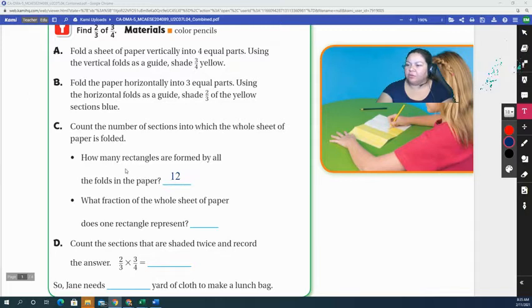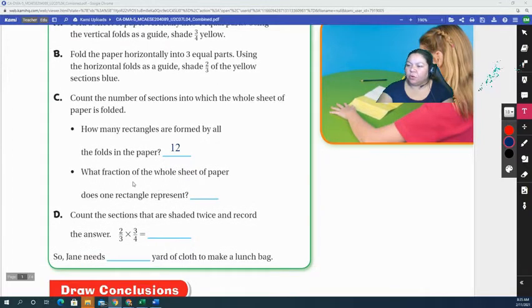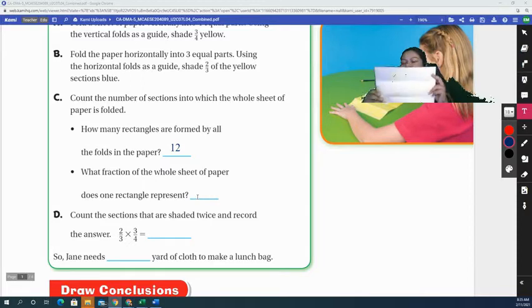How many rectangles are formed by all the folds in the paper? That's 12. Now, what fraction of the whole sheet of paper does one rectangle represent? So we want to find that out. If I'm asking you what 1 square represents, remember, my denominator is how everything is divided, or how many parts are in the whole group.